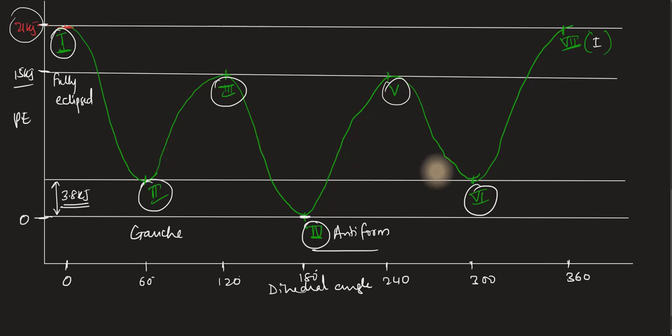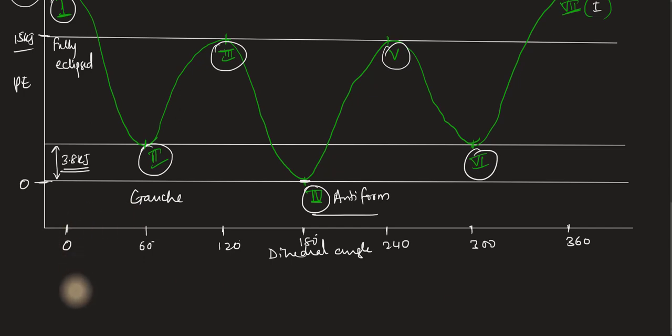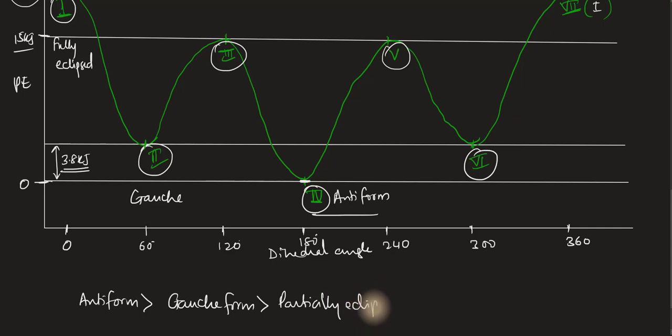Considering these energy parameters, we can arrange the stability of the molecules as anti form, then gauche form, followed by partially eclipsed structure, then fully eclipsed.